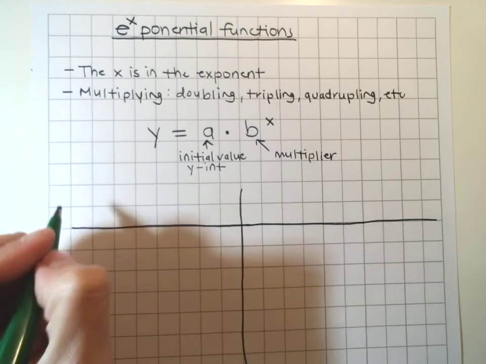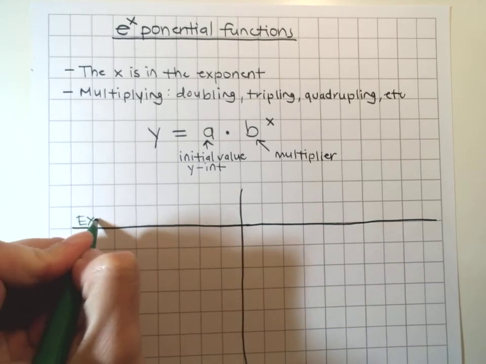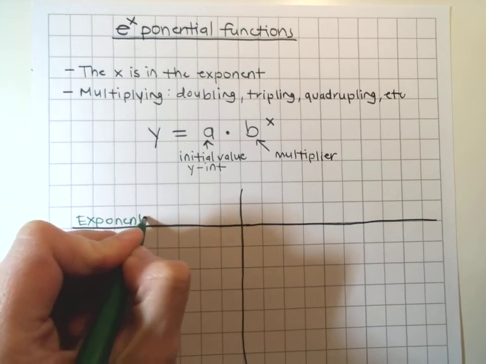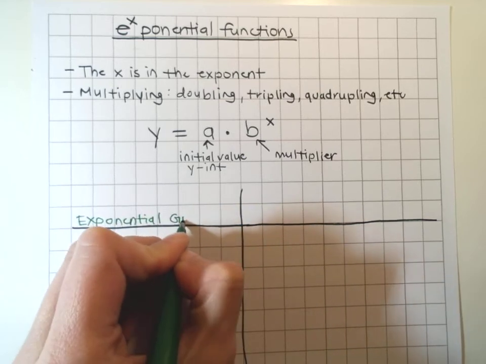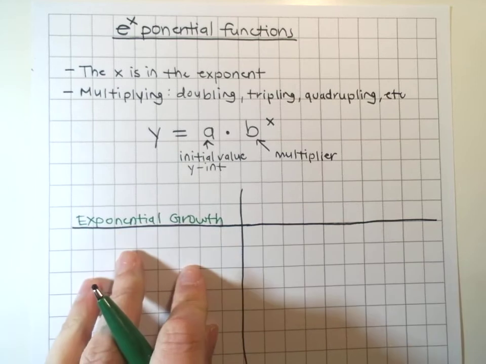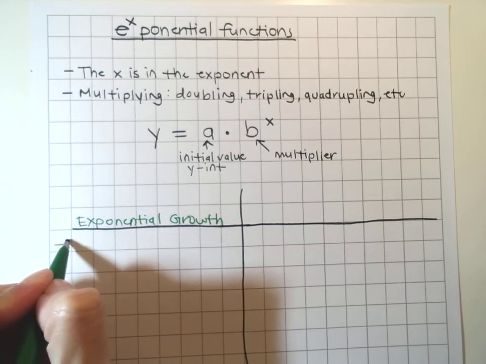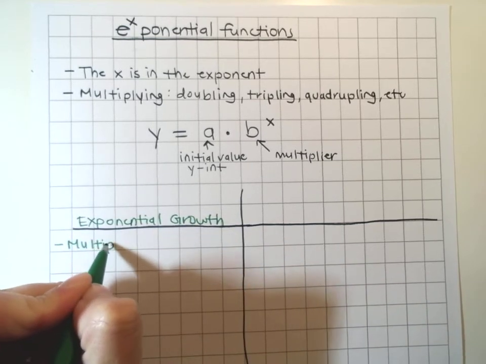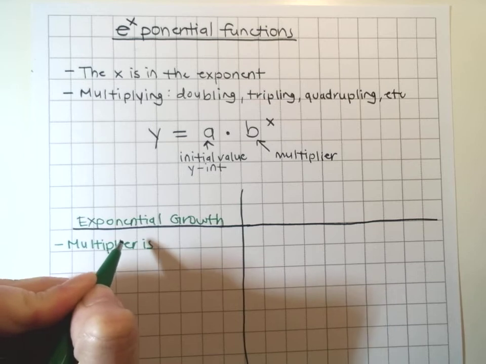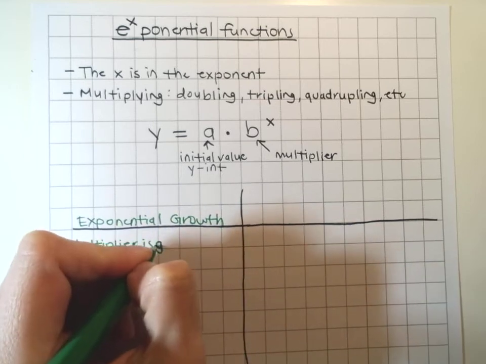And today we are just going to be talking about exponential growth, which is going to be the left hand of our table, and we'll get to the right hand table later on in the unit. So when it is growth, your multiplier is greater than 1.